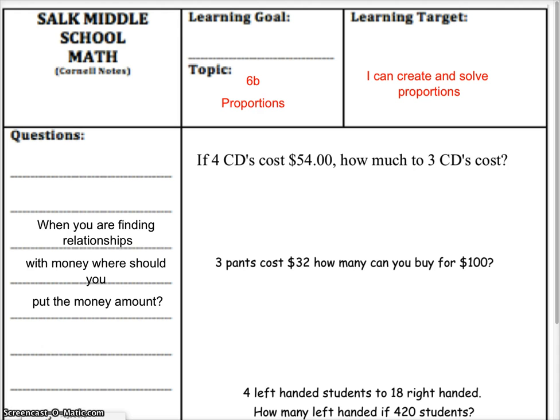4 CDs cost $54. How much for 3 CDs? So what am I talking about? Money and, yeah, tell me nice and loud, 7th graders. Money and CDs. So I want money is to CDs as money is to CDs. So I create my proportion skeleton.